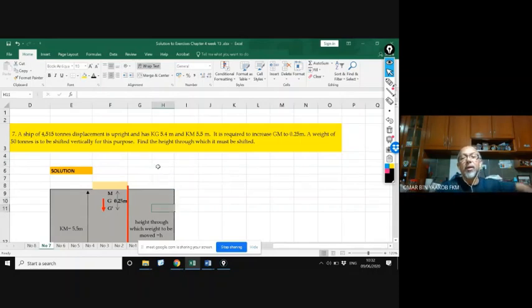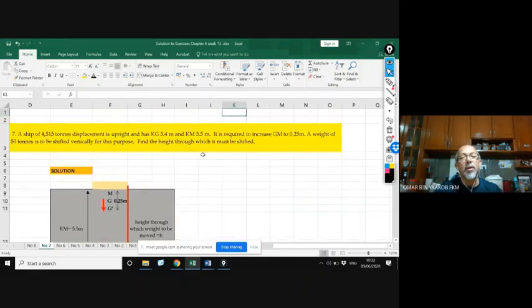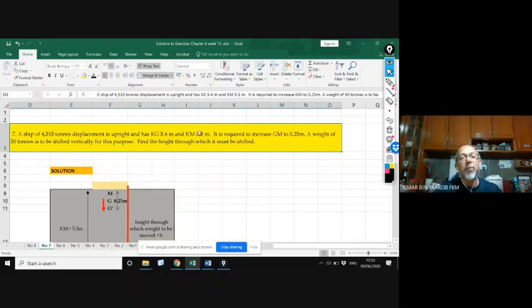So what's happening here is, originally, KM 5.5, GM is 0.1 because KG is only 5.4. KM 5.5, KG 5.4, so GM is 0.1.